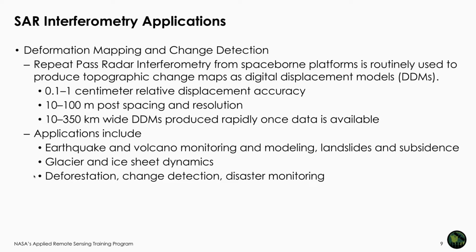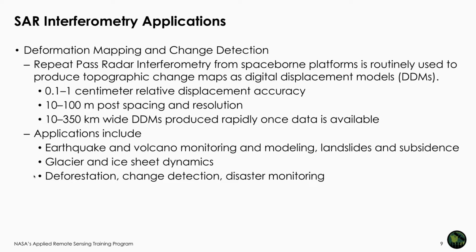The big advantage of SAR interferometry is we can measure between 1/10 of a centimeter and a centimeter of displacement, depending on the radar wavelength. We can get spacings as small as 10 meters or even a little bit smaller with certain techniques.